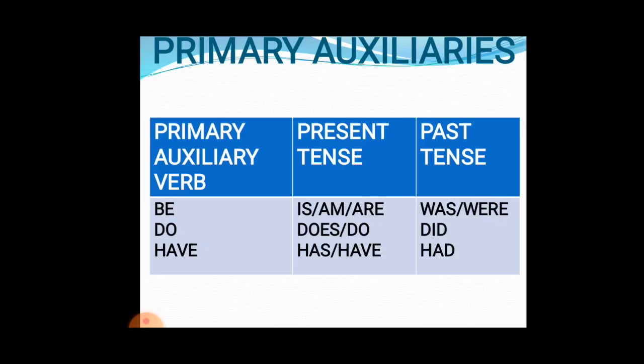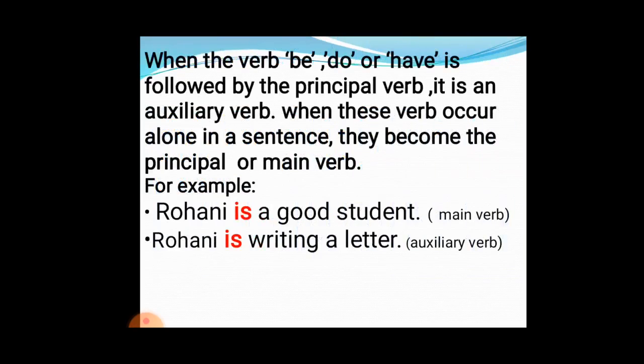With singulars we use has, and with plurals we use have in the present tense. Now when the verb be, do, or have is followed by the principal verb, it is an auxiliary verb. And when these verbs occur alone in a sentence, they become the principal or main verb.